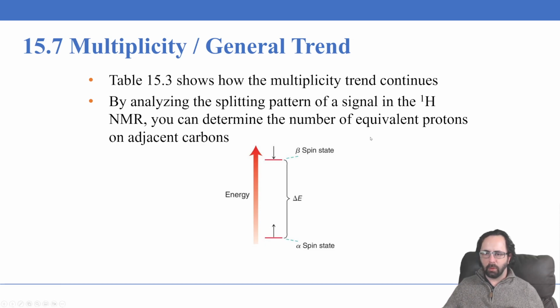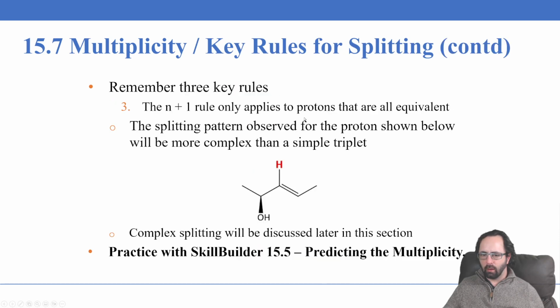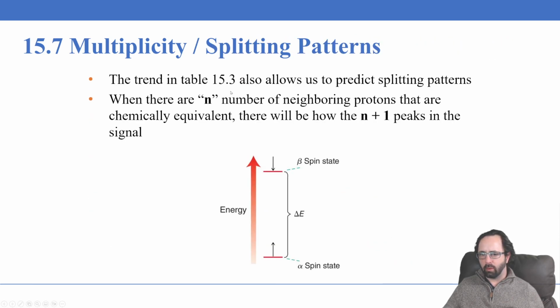When we analyze the splitting pattern of the signal in proton NMR, based on the splitting, we can determine the number of equivalent protons on an adjacent carbon. Table 15.3 in the book just shows the relative amounts.